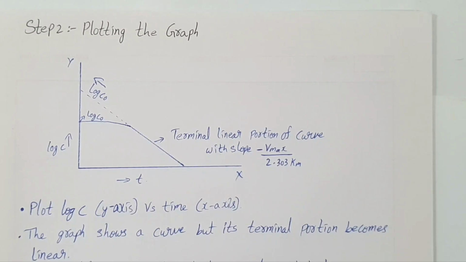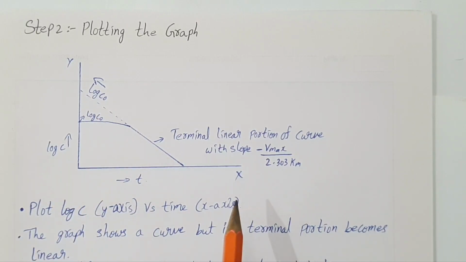Now plot the log of plasma concentration versus time graph. The terminal portion of the curve becomes straight. If you extend it back to time 0, you get the y-intercept log C0. From the slope, you can find Km, and from the intercept, you can calculate C0.